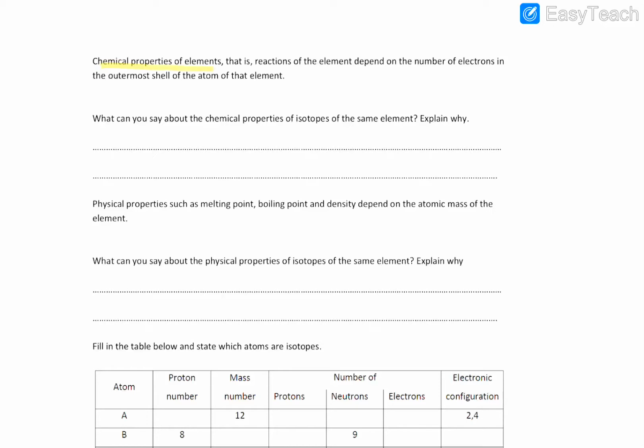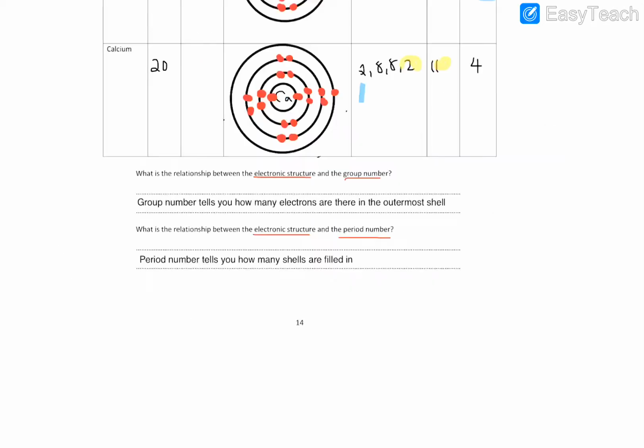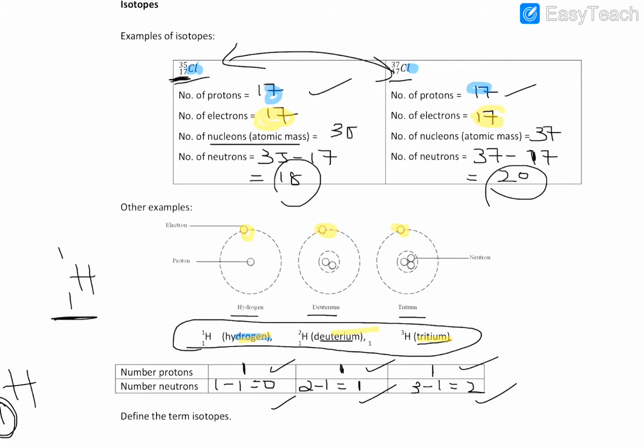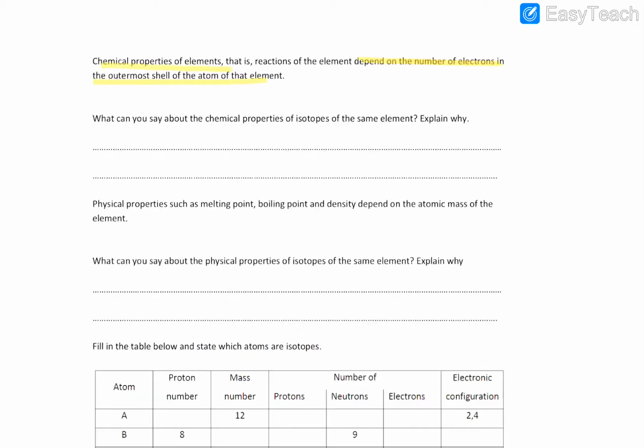They undergo the same reactions. So that's the answer: same chemical properties because they have the same number of electrons in the outermost shell.